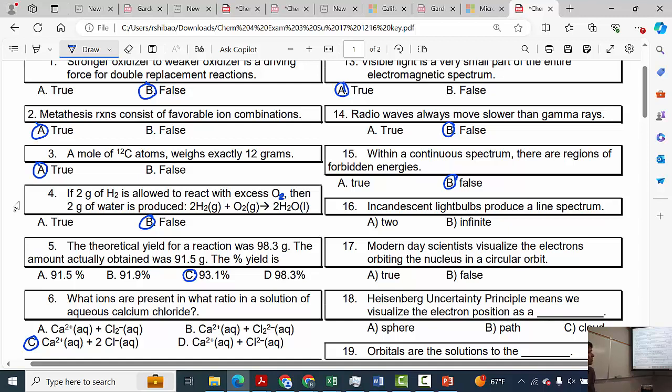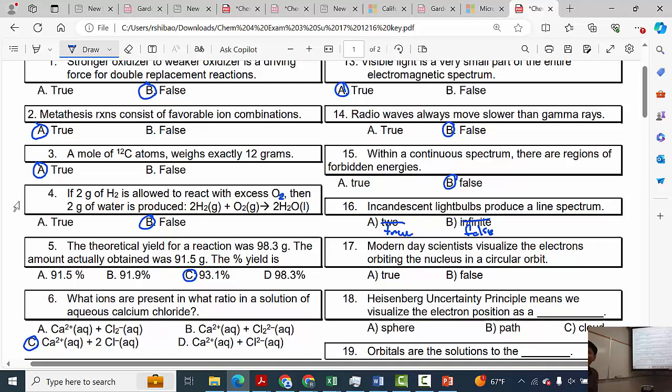15. Within a continuous spectrum, there are regions of forbidden energies. False. A continuous spectrum is continuous. Incandescent light bulbs produce a line spectrum. Incandescent are the old-fashioned light bulbs with a piece of metal, and you heat it up until it starts glowing white hot.